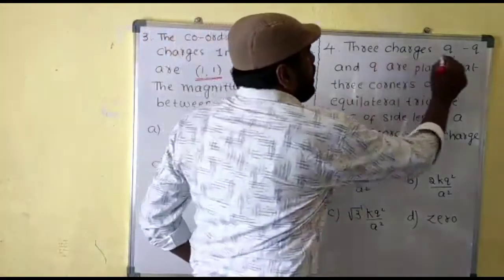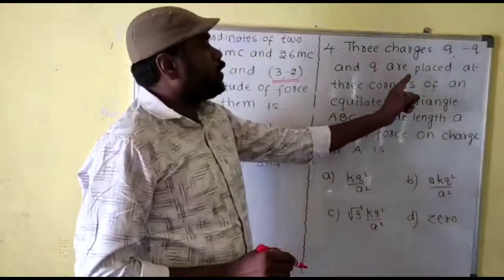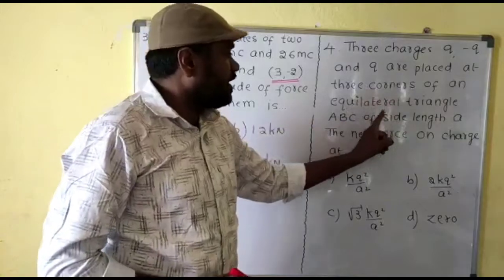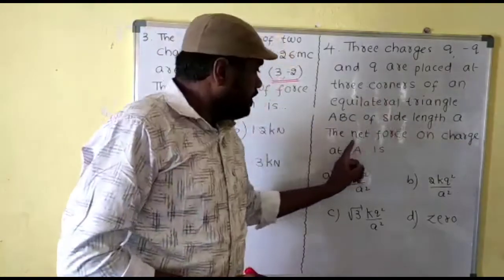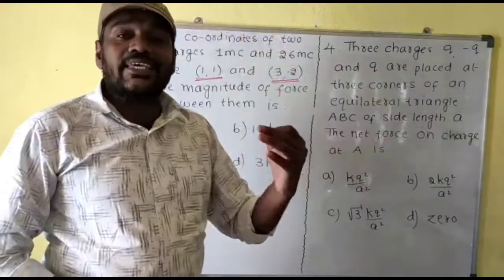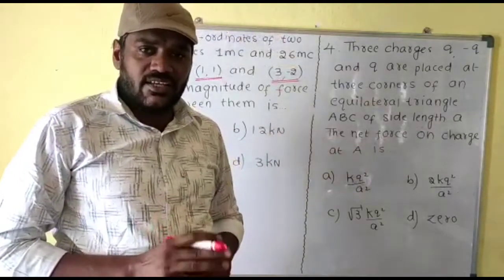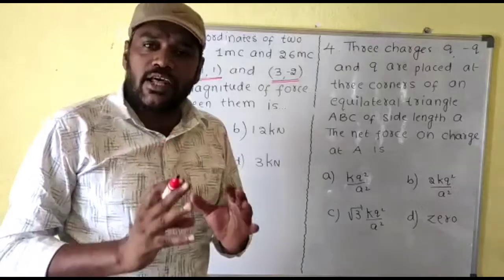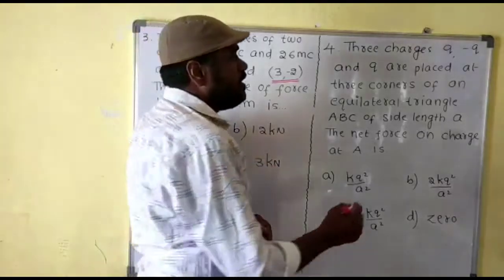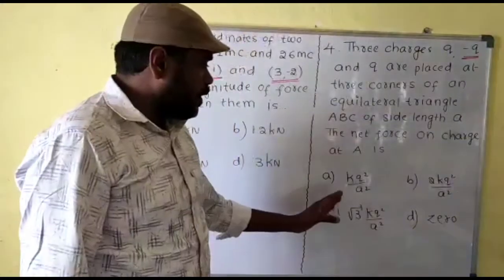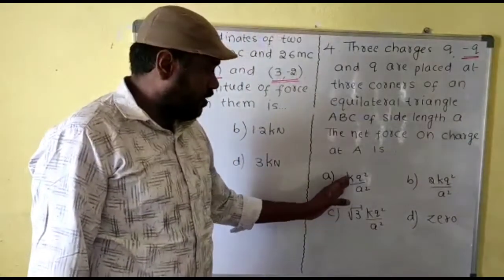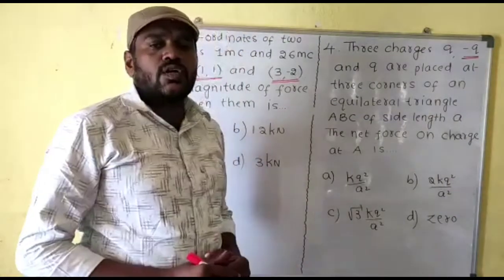Three charges Q, minus Q and plus Q are placed at three corners of an equilateral triangle ABC of side length A. The net force on the charge at A is asked. Very similar to the same question, the only difference is the extra minus Q. I have given hints and options, and you solve it.